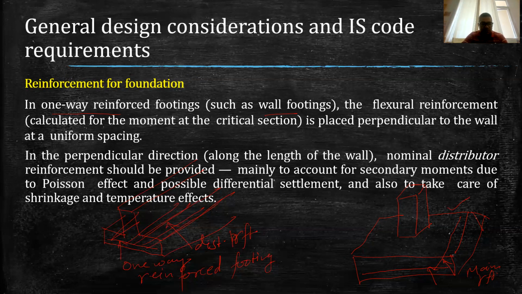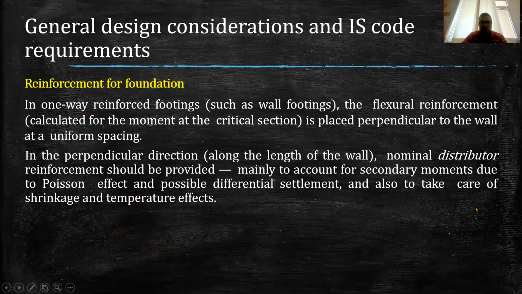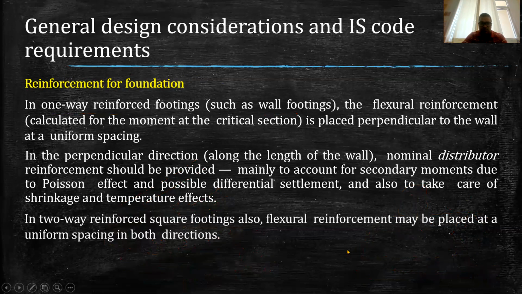Now, how do we place reinforcement in case of rectangular footing? As I said, in two-way reinforced square footings, flexural reinforcement may be placed at uniform spacing in both directions, and therefore it is known as two-way reinforced footing.